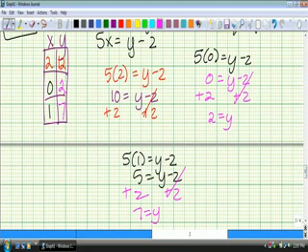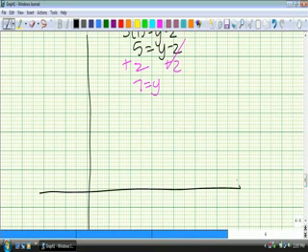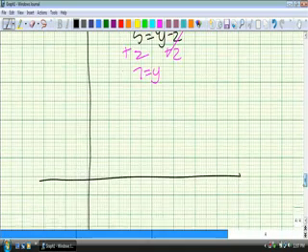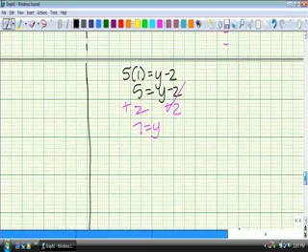So now I have my 3 points, and the directions say use the table to graph the line. If I don't get a line, what happened? You did something wrong. Okay, so let's draw a coordinate plane. My first point was (2, 12).